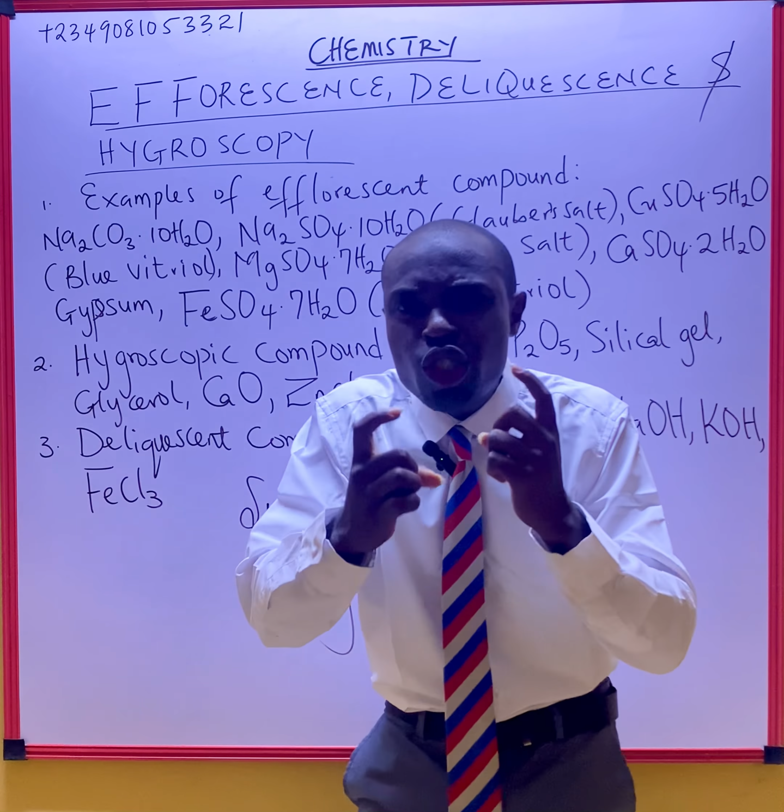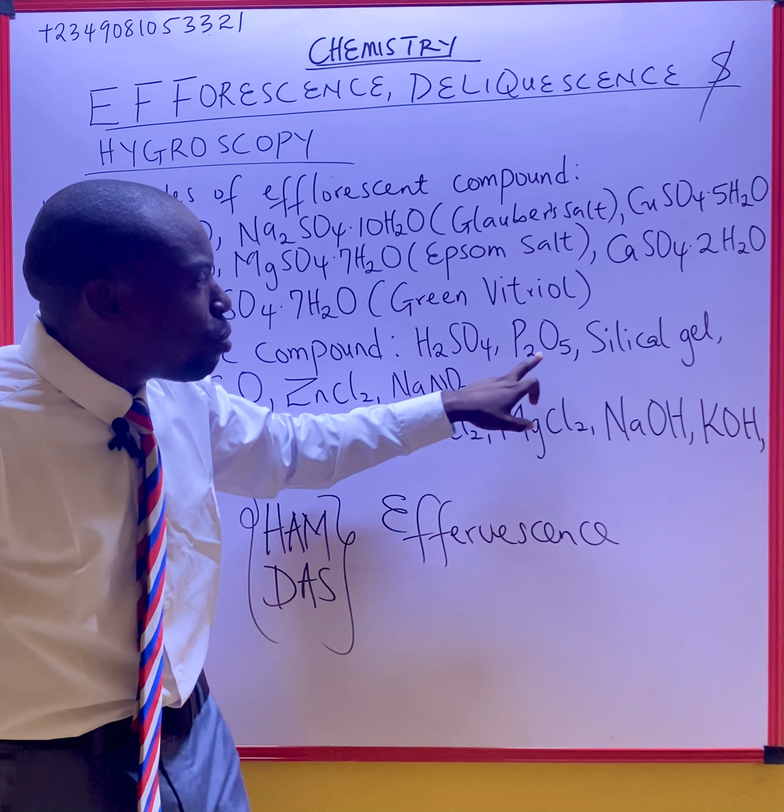Now, we take note of their examples. Their examples are somewhat confusing, but you must pay key attention to what I am saying in this video. Examples of hygroscopic compounds, we have very common examples such as sulfuric acid. We have phosphorus pentoxide.